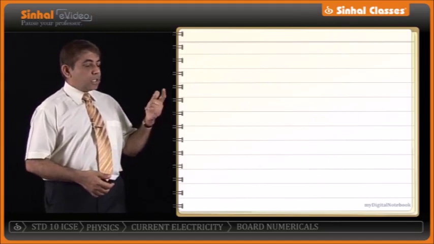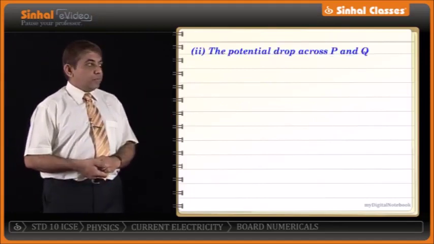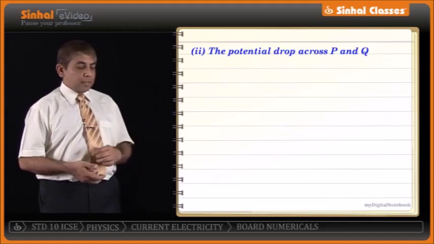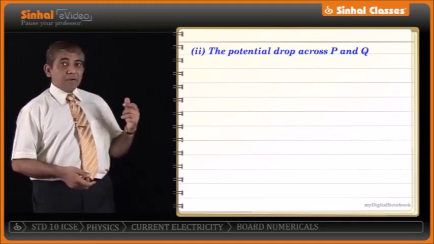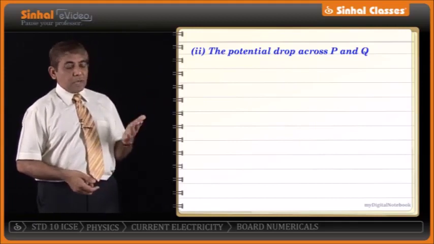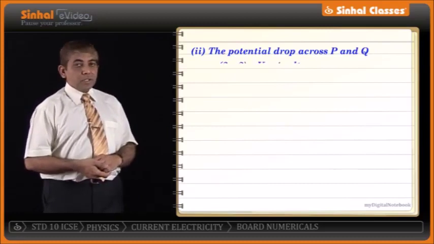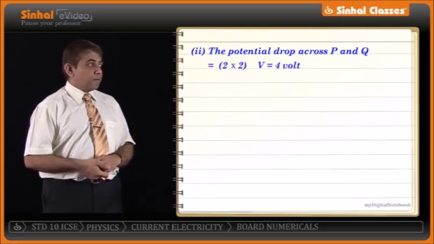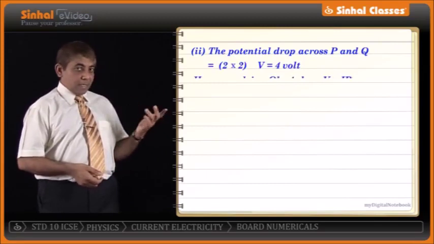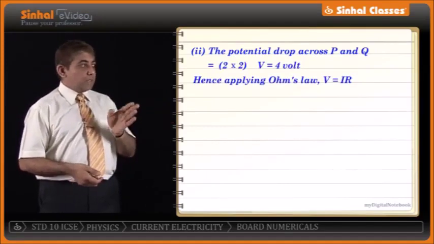The potential difference across P and Q. In order to find out the potential difference between P and Q, we use Ohm's law here again, and then we have V is equal to IR. So I have the potential drop across P and Q as 2 multiplied by 2, that works out to be 4 volts. Hence, applying Ohm's law again, we have 4 is equal to I multiplied by 2.4.